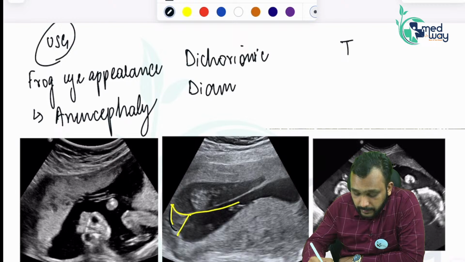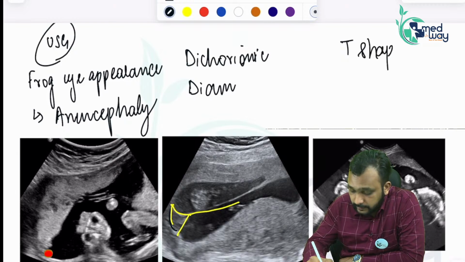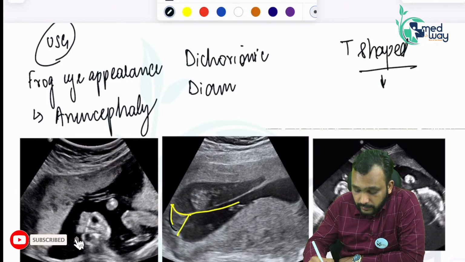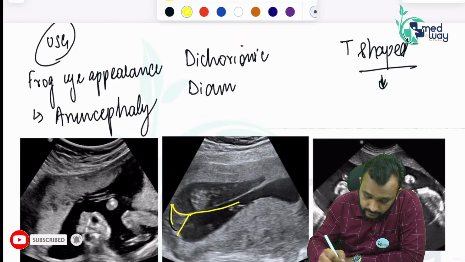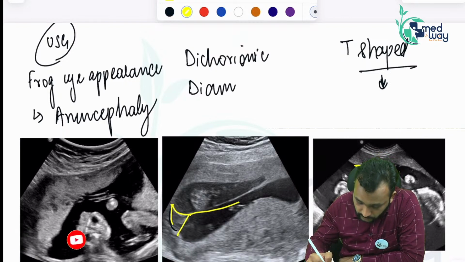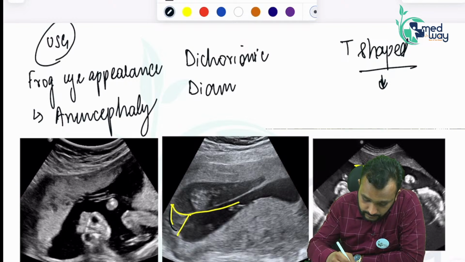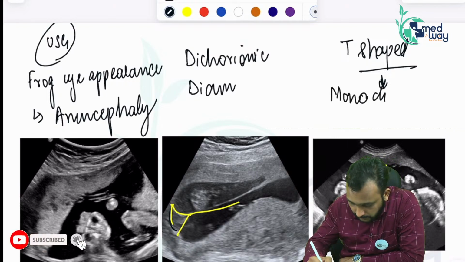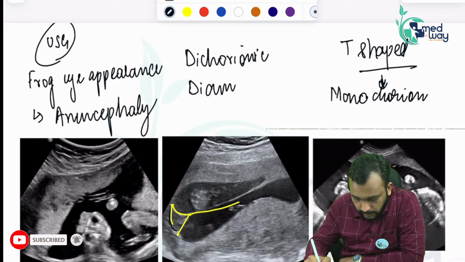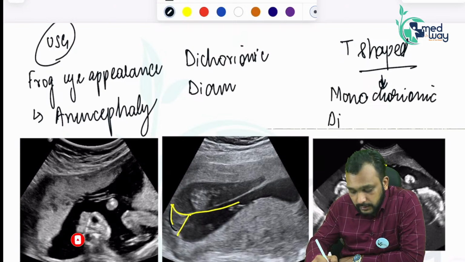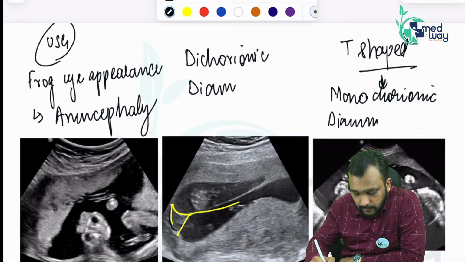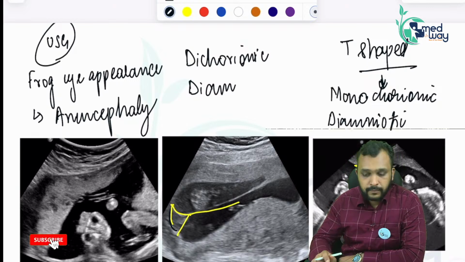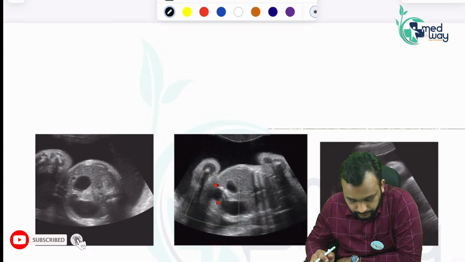And T-shaped appearance will be seen in patients with monochorionic diamniotic twins, right?